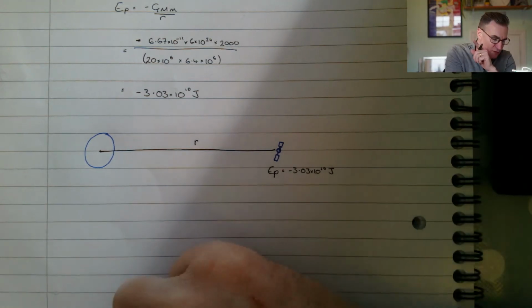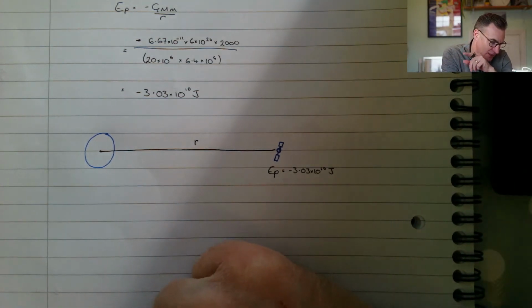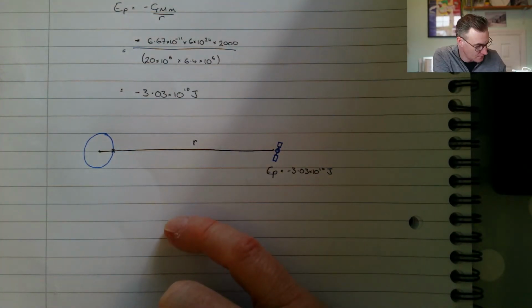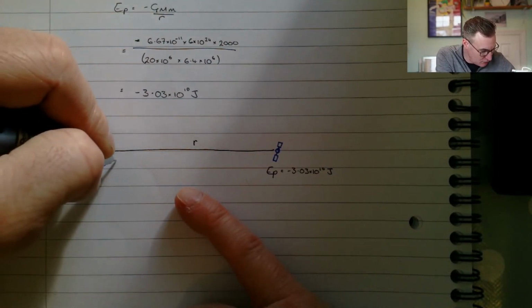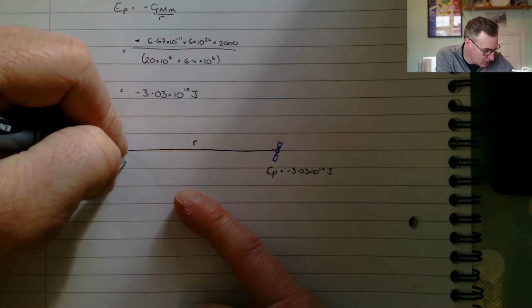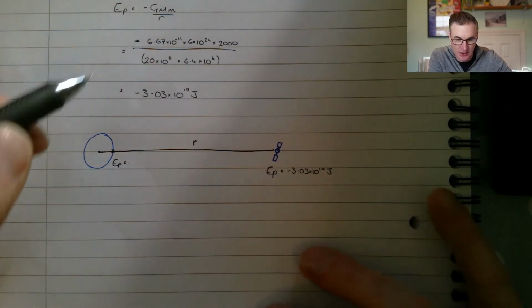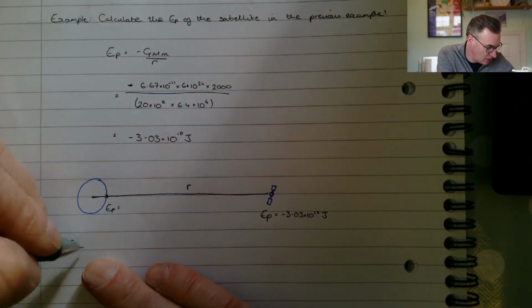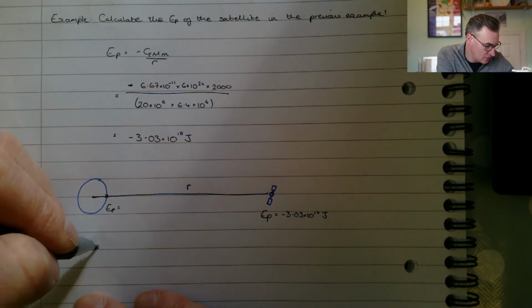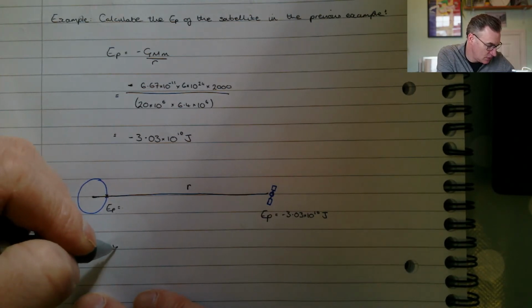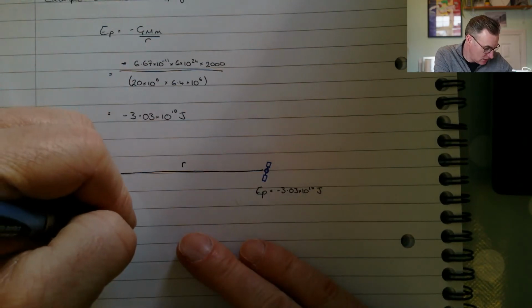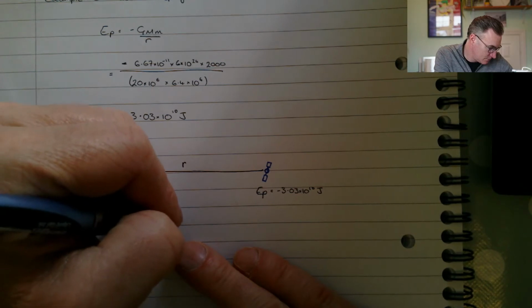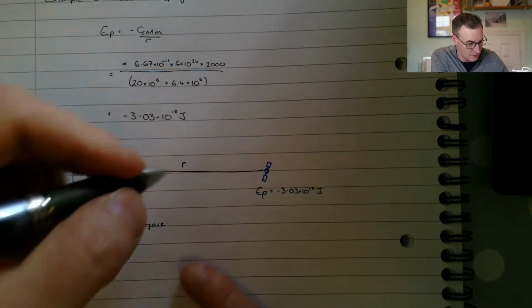Now, what would the potential energy be at the surface of the Earth? Okay, so let's do another calculation: EP of the satellite on the surface.